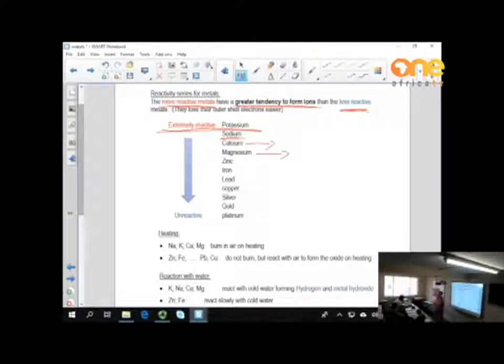I can take a Bunsen burner and hold it in the flame and the magnesium will start burning. Zinc, less reactive than magnesium. Iron, less than zinc. Lead, becoming unreactive. Copper, less. Silver, gold, and platinum. Unreactive.